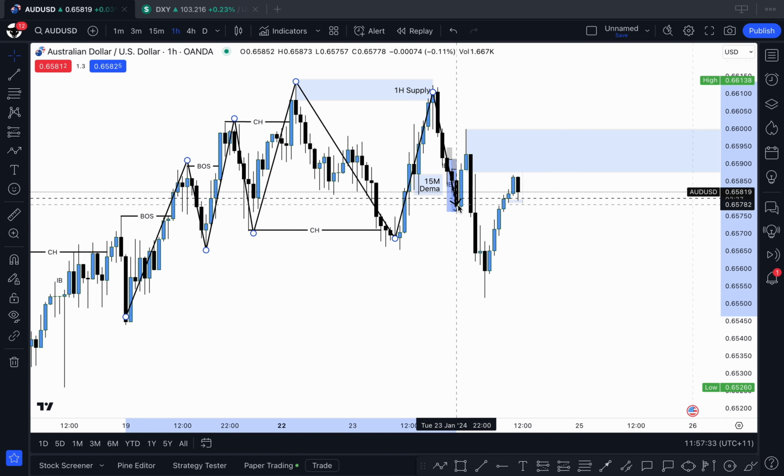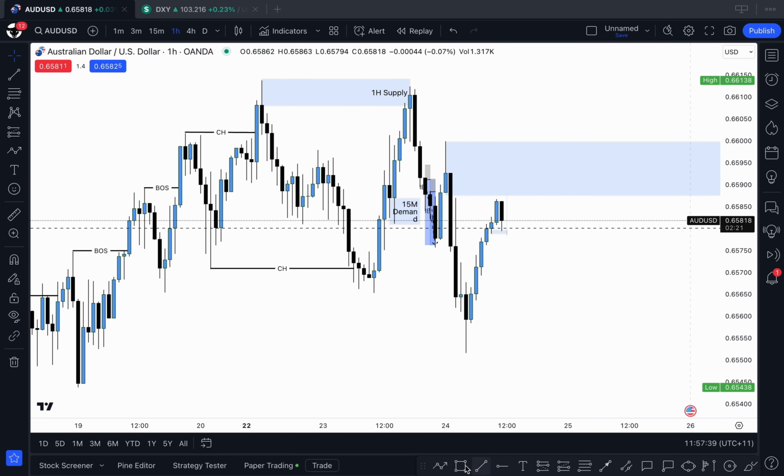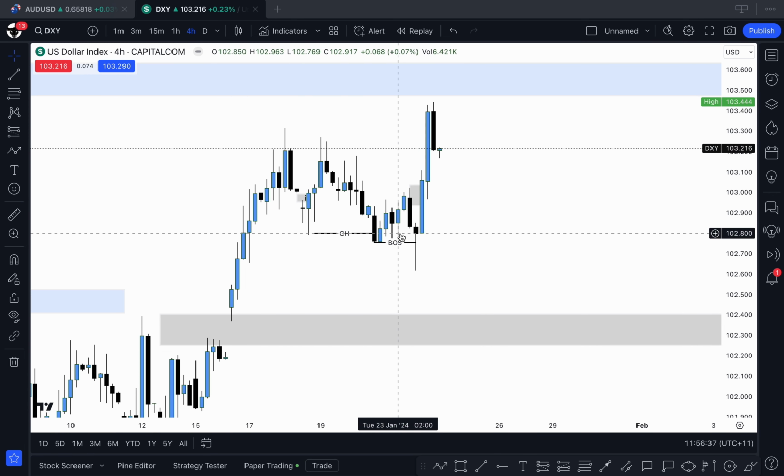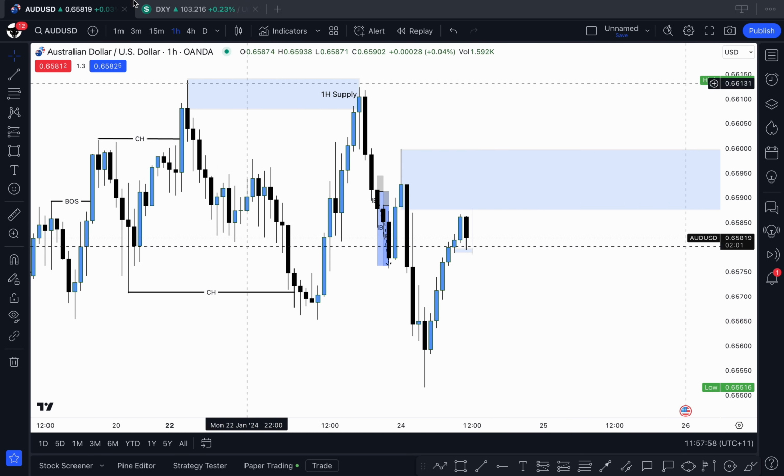So we are looking for sells, right? Higher time frame aligns perfectly. The main thing that alluded to this being a riskier trade is that we had this 15-minute demand zone here as well. Also, DXY was bearish. As we've talked about previously, if DXY is bearish, then our USD pairs are bullish, because they're inversely correlated.